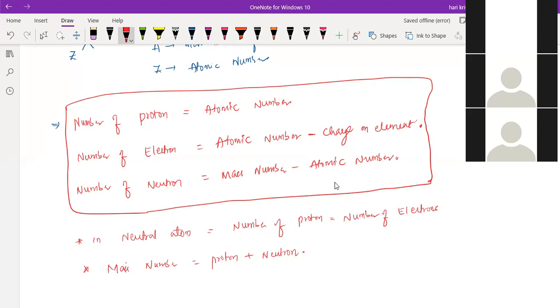Why are we not taking the number of electrons in the mass number? Because an electron doesn't have any mass, or rather it has a negligible mass.